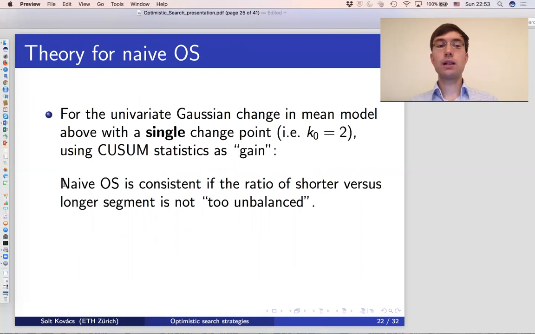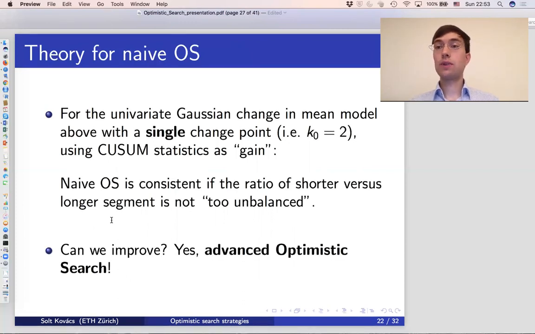Then, as a result, we have that this naive optimistic search is consistent, but only if the ratio of shorter versus longer segment is not too unbalanced, meaning that the change point cannot shift asymptotically too fast, too close to the boundary. Okay, so the question is, can we improve on this?